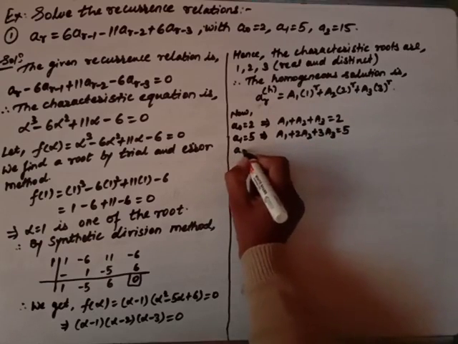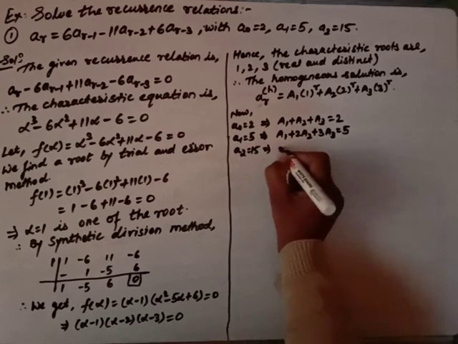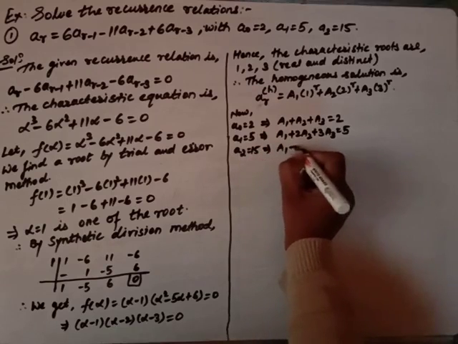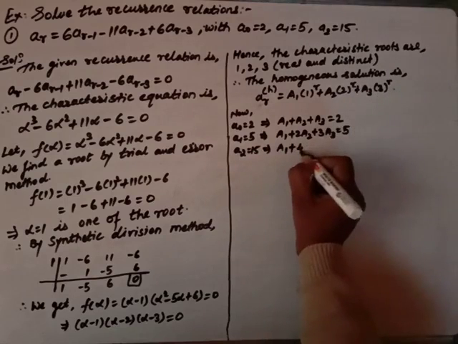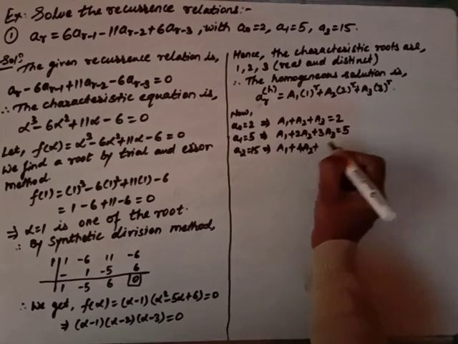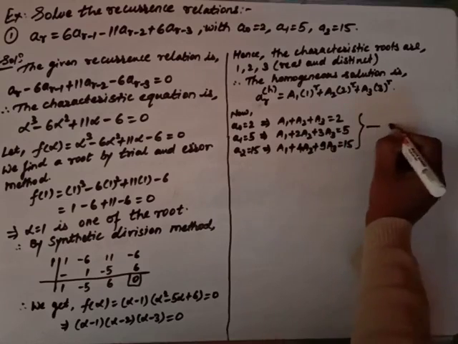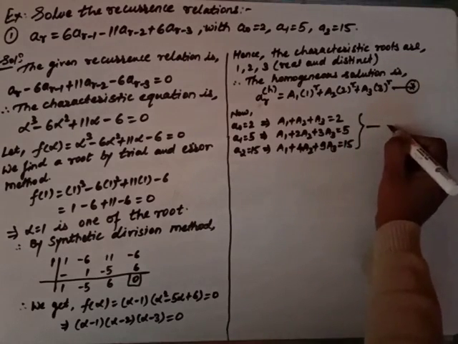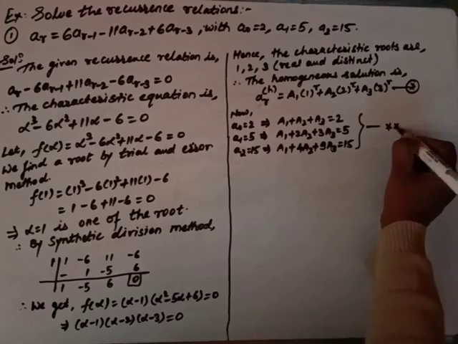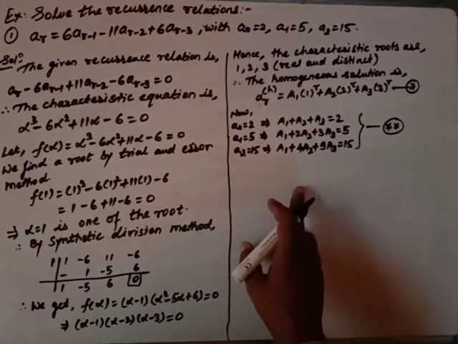Now a2 is 15, so that gives us A1 plus 4A2 plus 9A3 is equal to 15. So this is our system, let it be star. Now this one we have to solve for finding A1, A2 and A3.